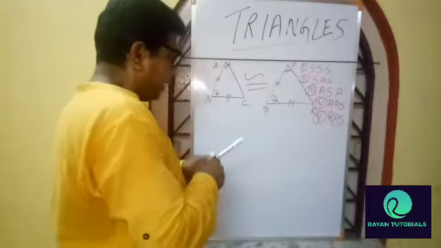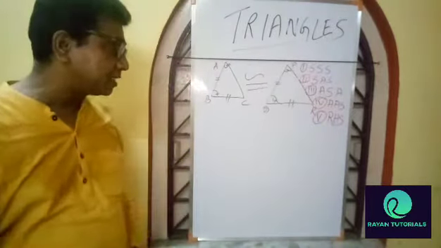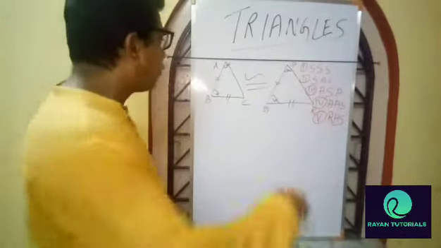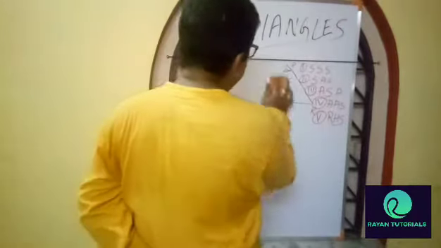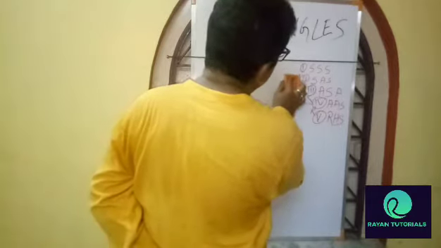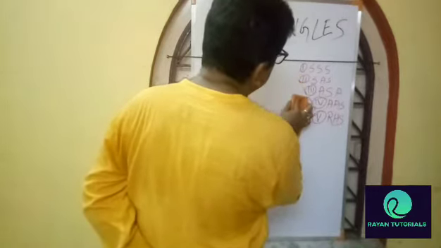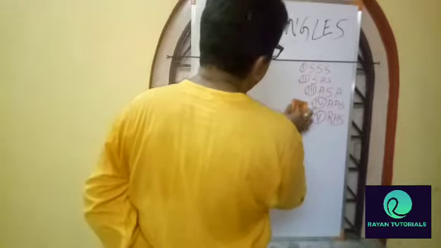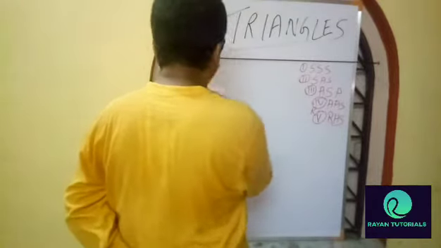RHS. This RHS means right angle, hypotenuse, side. So for this, you have to take only right angle triangles. You know what the right angle triangles are? I hope you know.